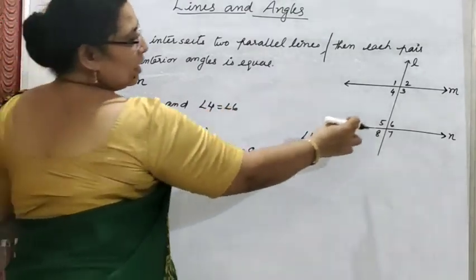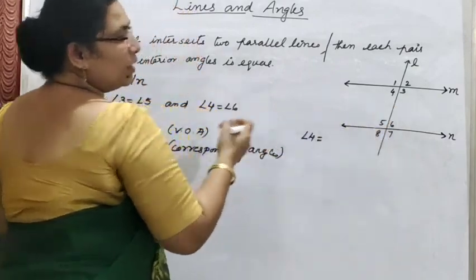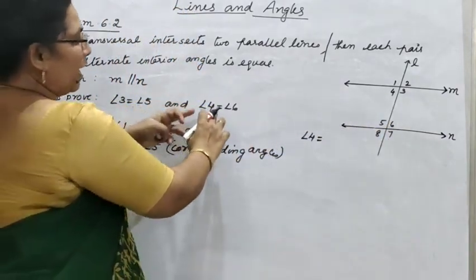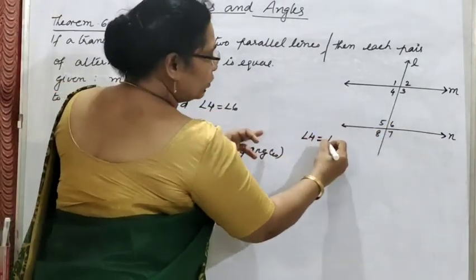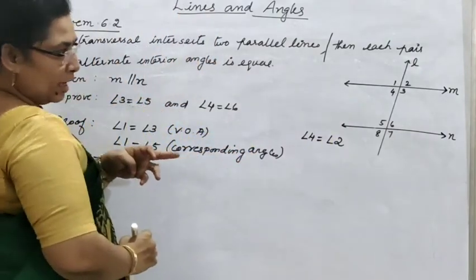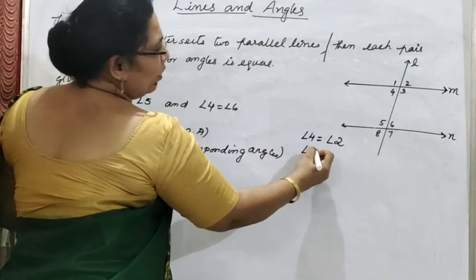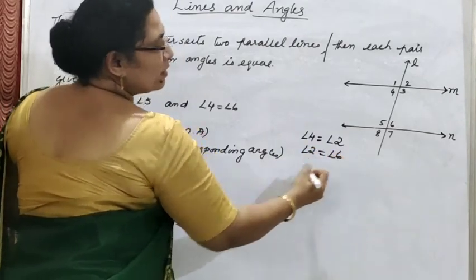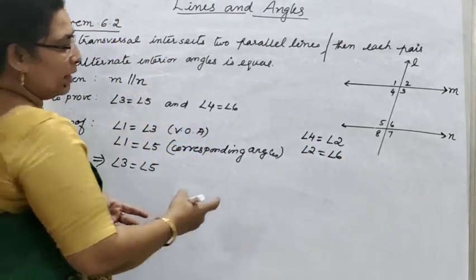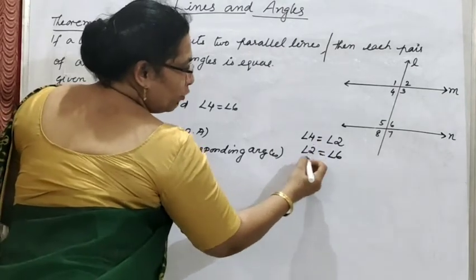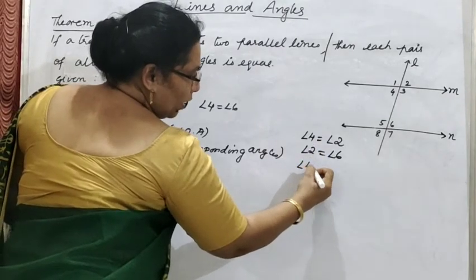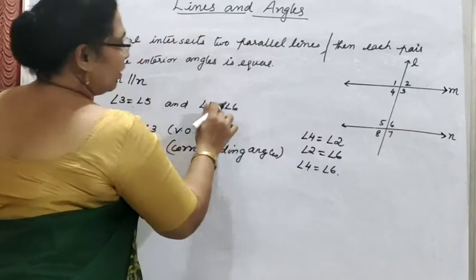Angle 8 is the corresponding angle, right? In this way, angle 4 is equal to angle 2 by the vertically opposite angle criteria. Then angle 2 is equal to angle 6 by the corresponding angles criteria. This shows that angle 4 and angle 6 are equal. So we got this one.